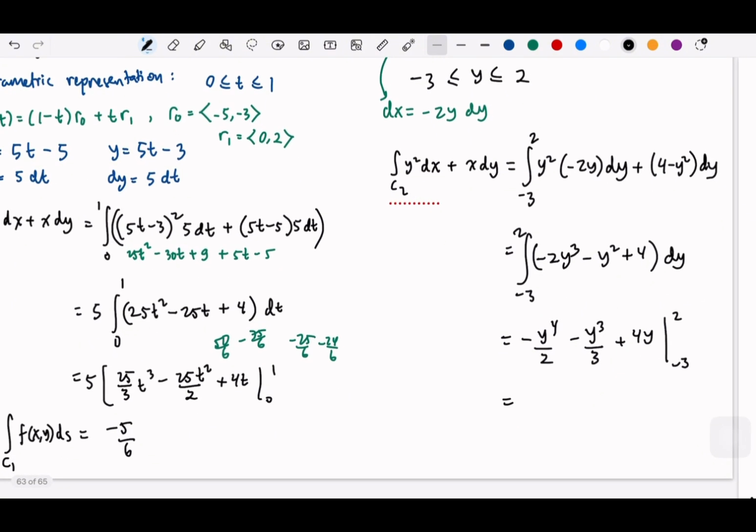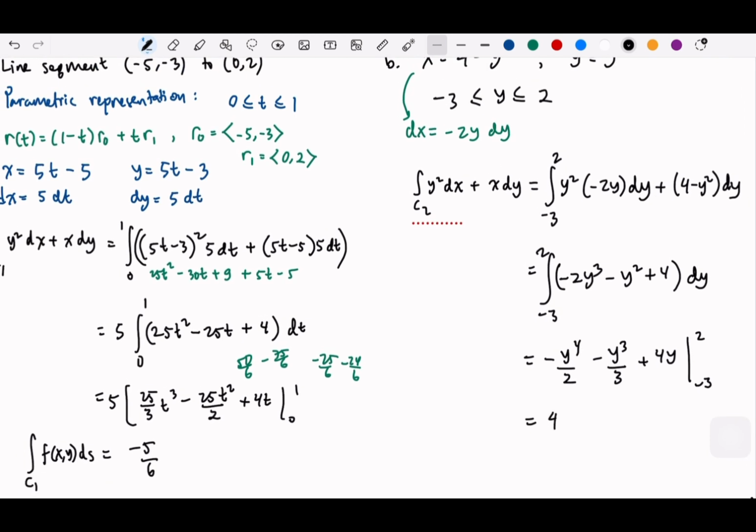You can check using a calculator, but this is supposed to be 45 over 6. You see that we have two different values at the end. So it means that the curve is important to our calculations.